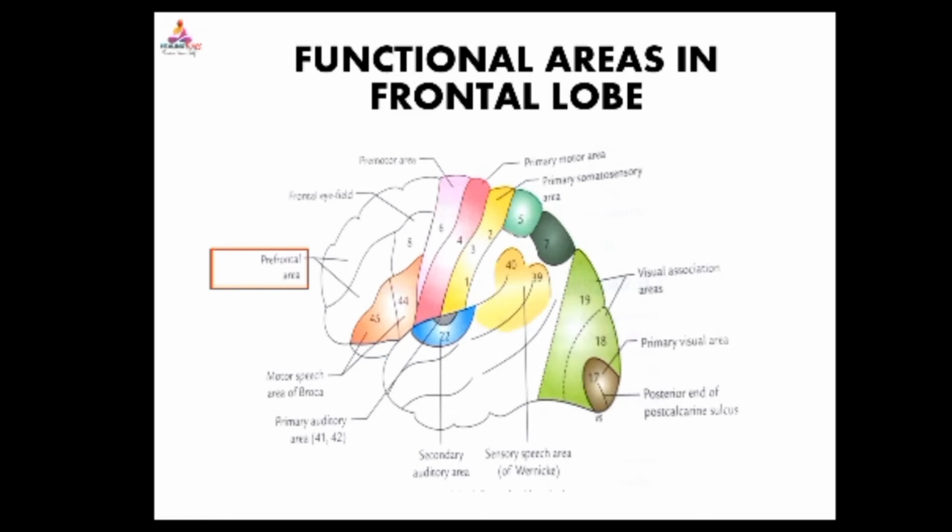It is also concerned with depth of emotions, social, moral, and ethical awareness, concentration, orientation, and foresight. It is an area of cerebral cortex that is capable of associating experiences that are necessary for the production of abstract ideas.